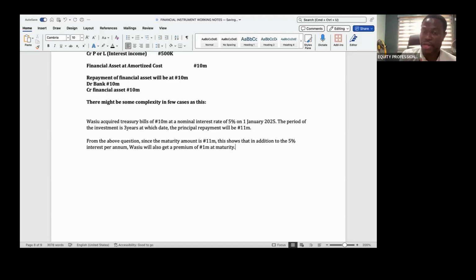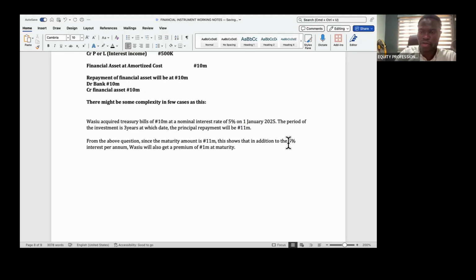So here now, he's making 2 levels of interest. Number one is the 5% he's going to get per annum. And number two is the extra 1 million he's going to get at maturity, because they're going to repay him 11 million. So how do we recognize this?